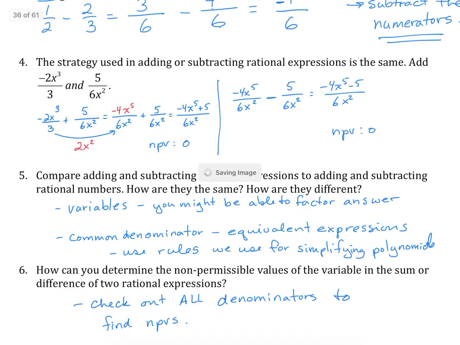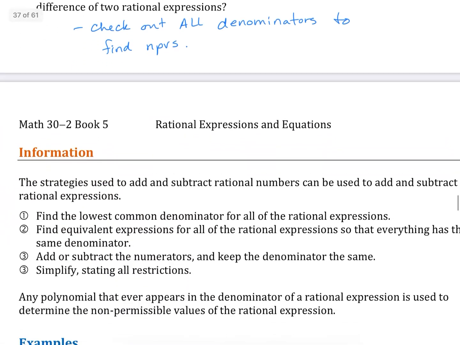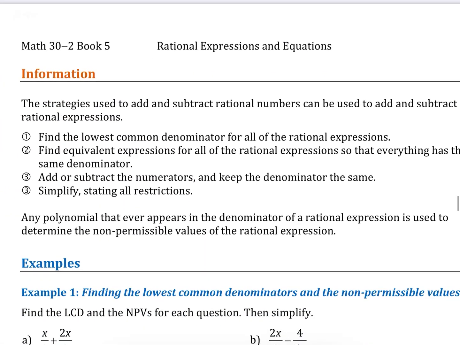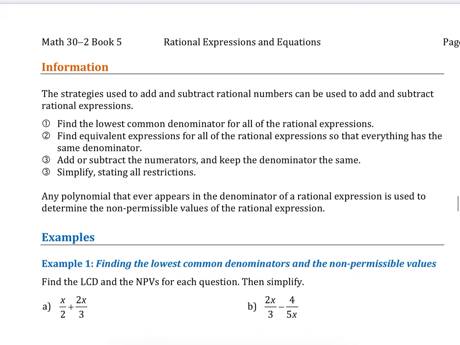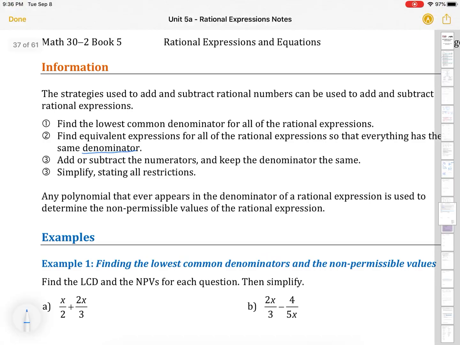Okay, alrighty. So let's look. Here we have some summation. I told you it'd be written out neater than what I talked about. So these are the strategies we use. We find the lowest common denominator for all the rational expressions. We find equivalent expressions for all of the rational expressions so that everything has the same denominator.